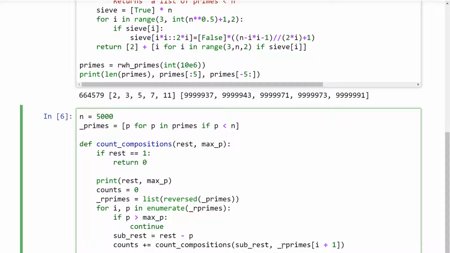So we're looking at 2. Maybe it is p. If we look at the example, then 2 is indeed the max p. I think it is p. Yeah, it is.